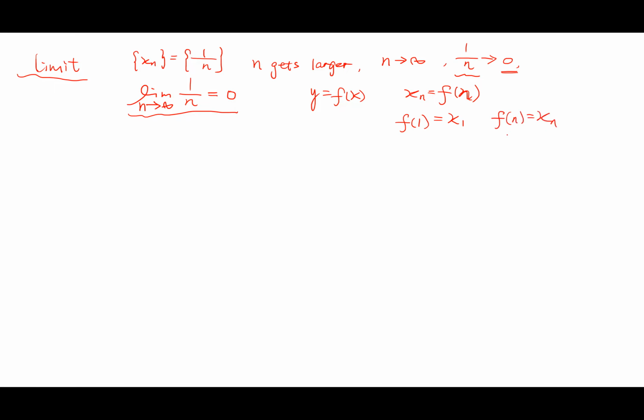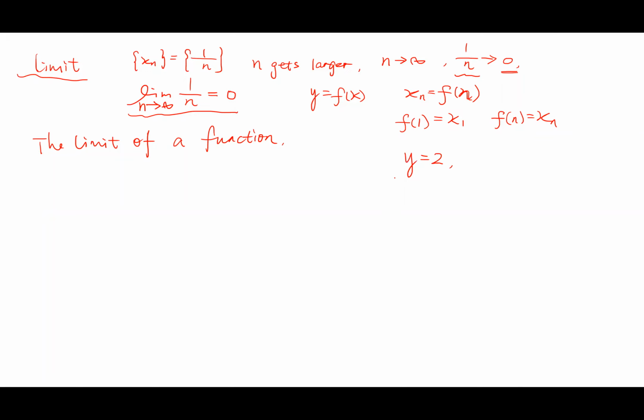So now, as we have known the definition of the limit of a sequence, now we can know the definition of the limit of a function. Here I will give you a special kind of function, that is y equals 2.